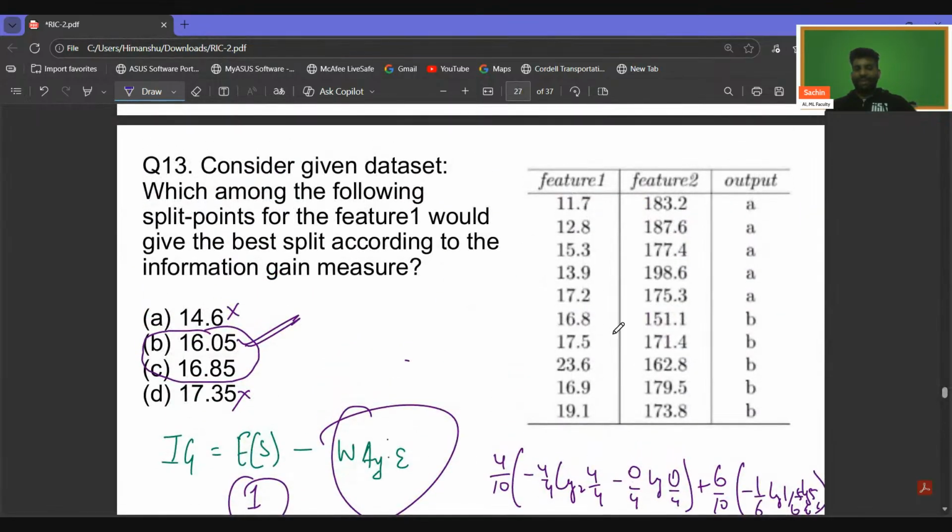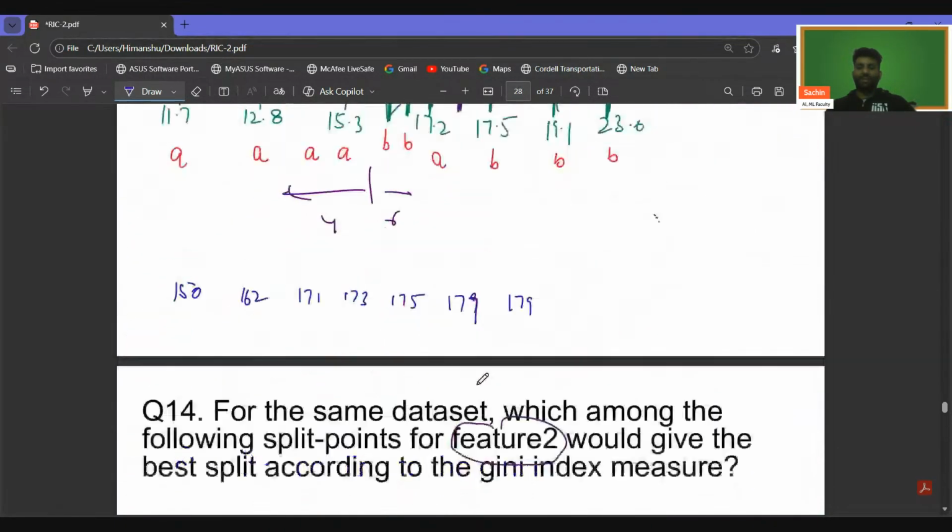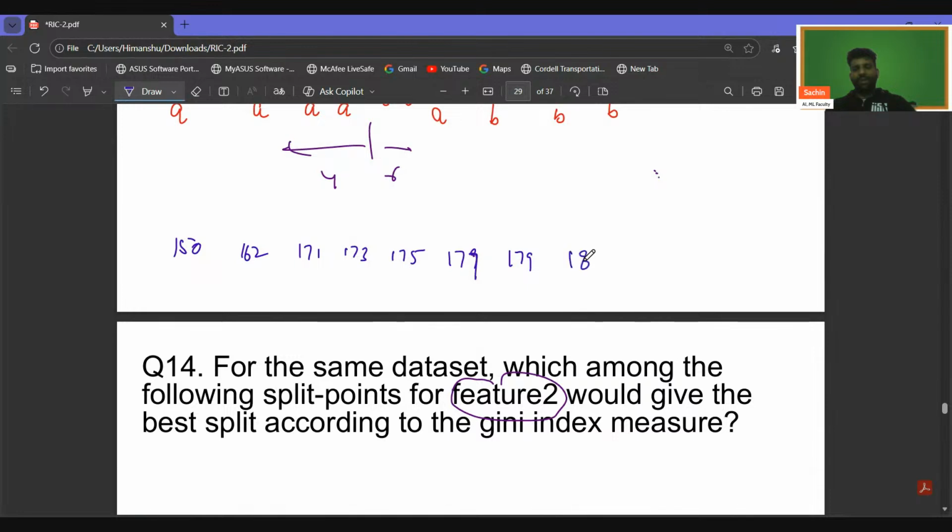And after 179, what we have is anything in the 80s: 183, 187, 198.